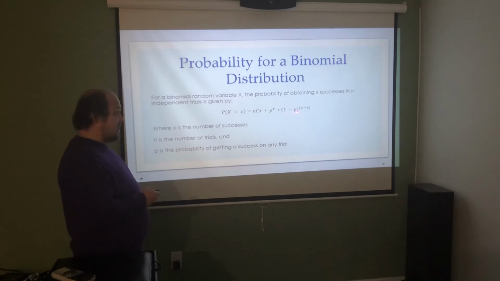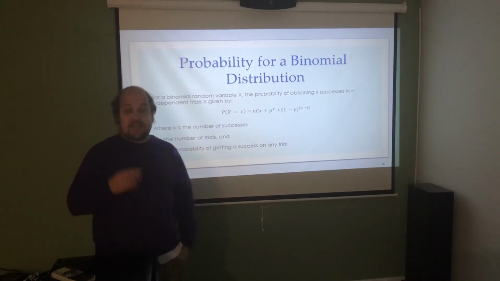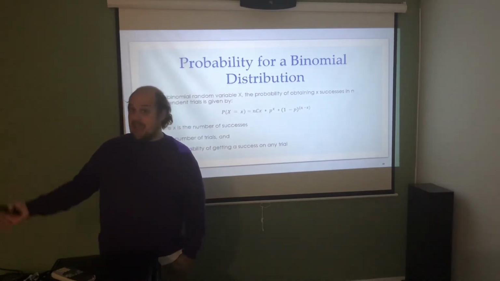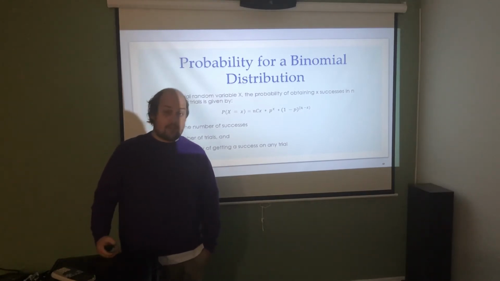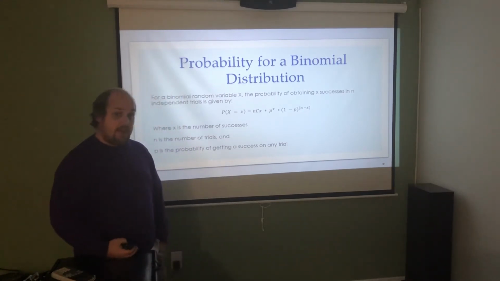I would put this in as 0.3 instead of 1 minus 0.7. So this is really saying the probability of failure. Parentheses 0.3 to the power of, this n minus x is basically saying if we take a set number of trials and have a set number of successes, the number of trials minus how many successes we have leaves us with the number of failures.